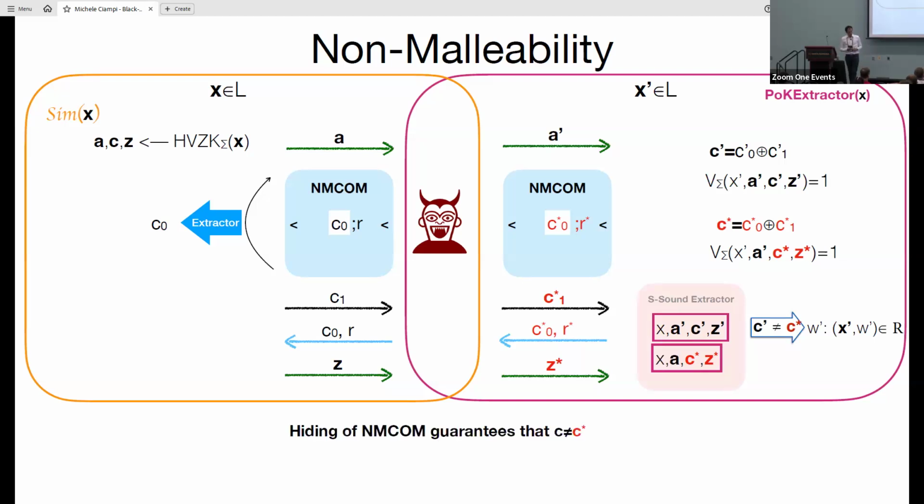So unfortunately here there's an issue, because before we said that you will be able to extract on the right because C will be different from C star because of the hiding of the non-malleable commitment. But I also said that on the left session, we are rewinding the commitment because the simulator, this yellow simulator, needs to extract the C0.